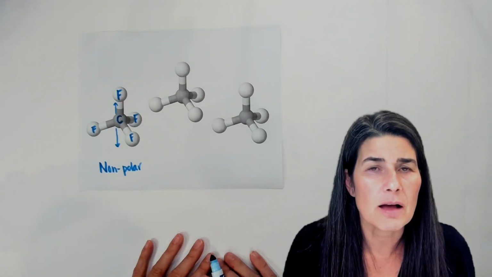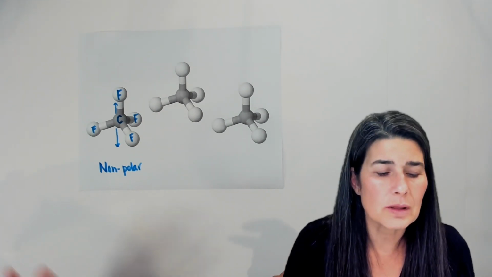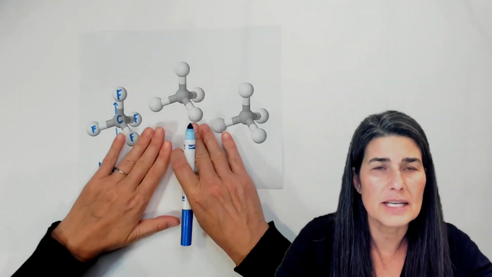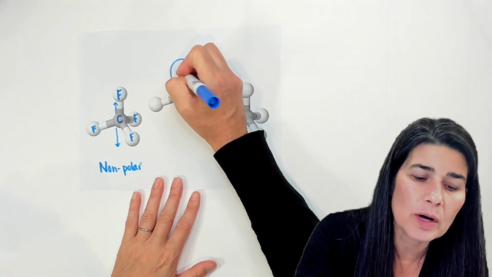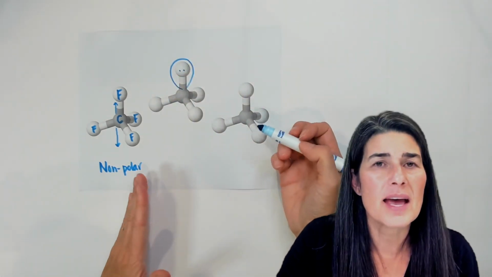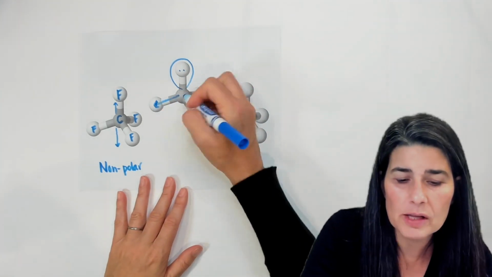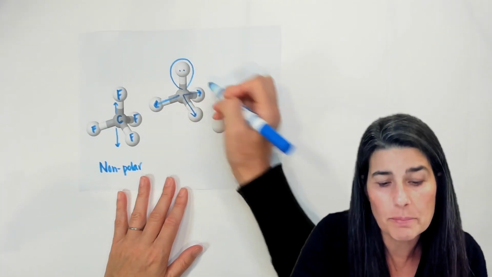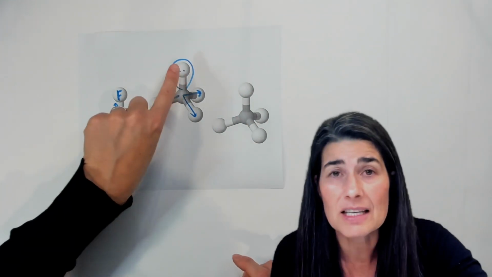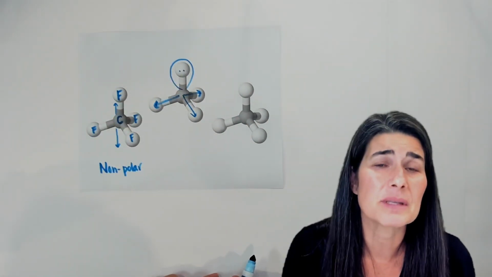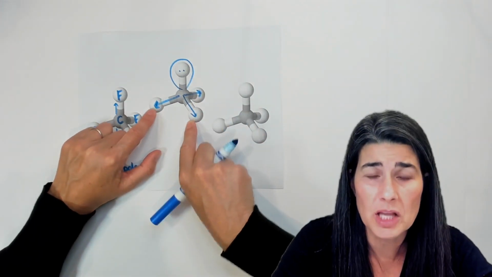Okay? Now, what if we start adding lone pairs to this situation? So let's take a situation where we have a tetrahedral geometry, but one of them is a lone pair right here. So that gives us a pyramidal structure. Now, all we have is a pull in one direction, a pull in another, and a pull in another. Those are not going to cancel each other out. We really needed this fourth one on top to cancel the downward pulls of the ones that I drew below.